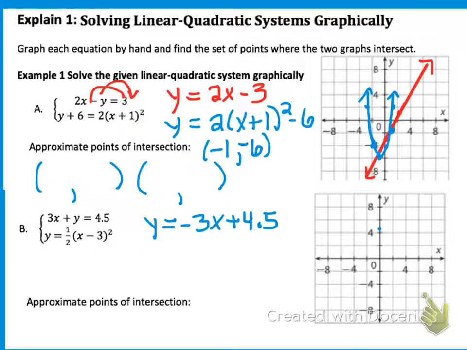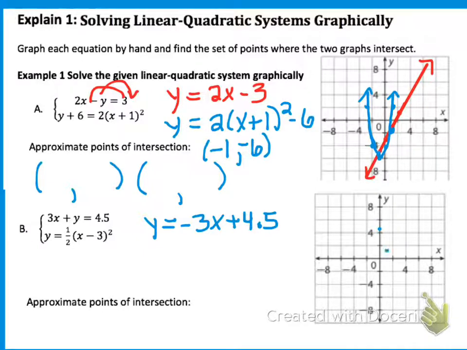The y-intercept is going to be right about here, about 4.5. Then we go down 3, which puts us around 1.5, right about here, and then run 1, which is right here. So it's -3: go down 3 and right 1.